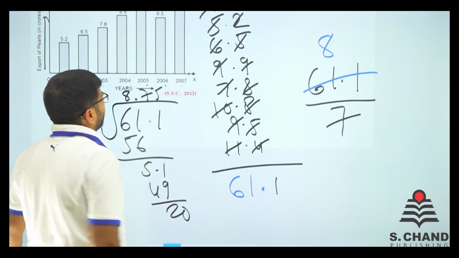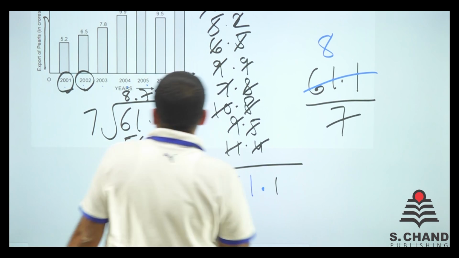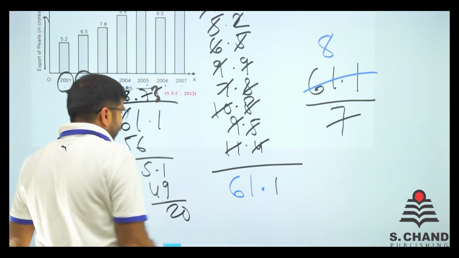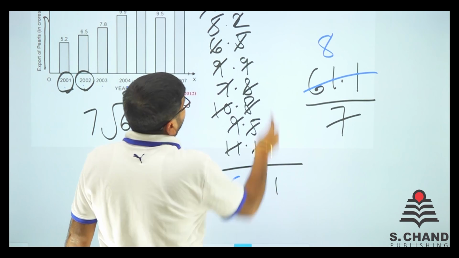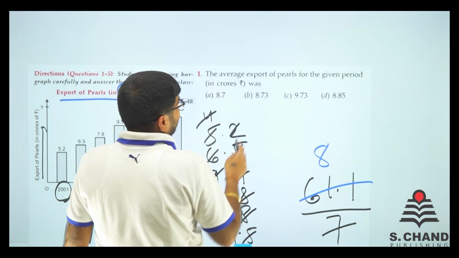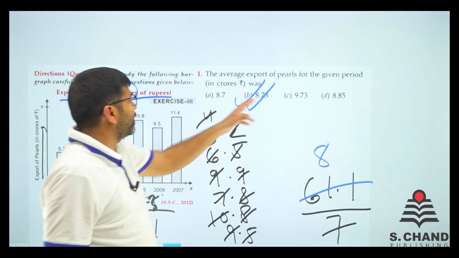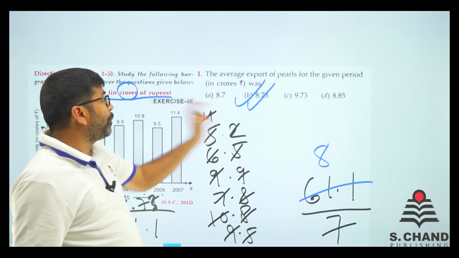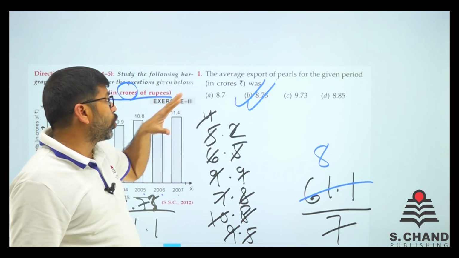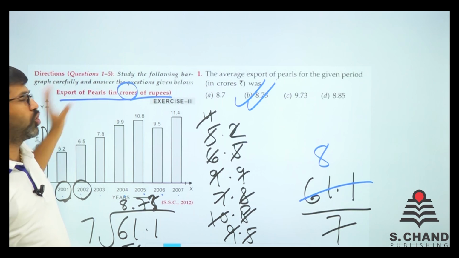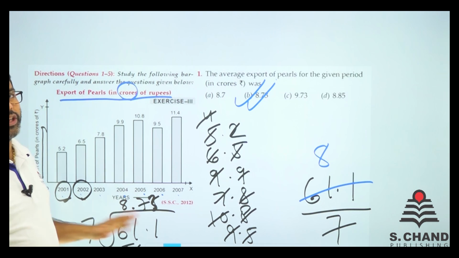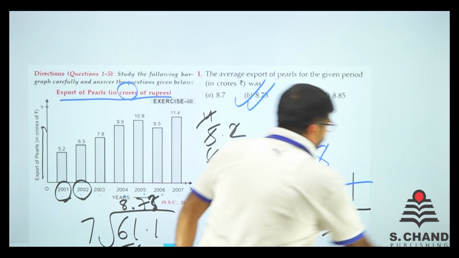So almost 8.72 or 73. Almost 8.73. Is there any option like 8.73? Yes, we do have 8.73. That is the better answer. So 8.73 crore rupees is the average of all pearl export, right? We move on to the next question.